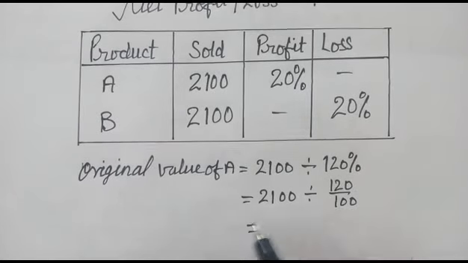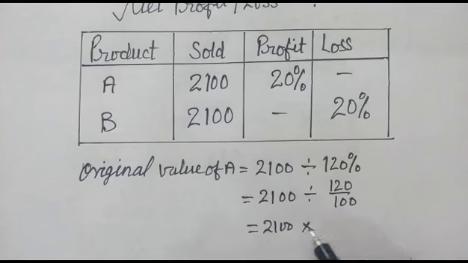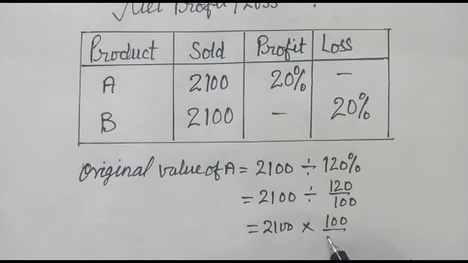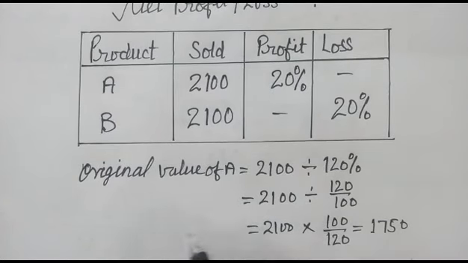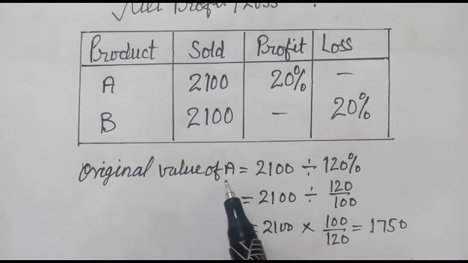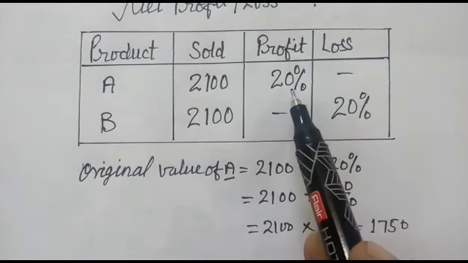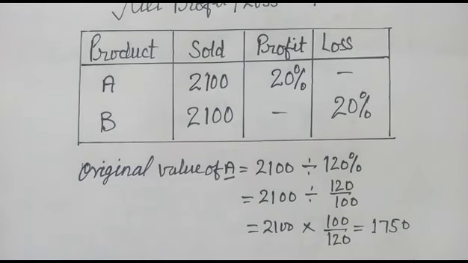So 2100, if we change the sign into multiplication, we get 100 over 120, right? So 1750. This will be the original price of item A, right? So he is getting 20% profit and selling it at 2100.